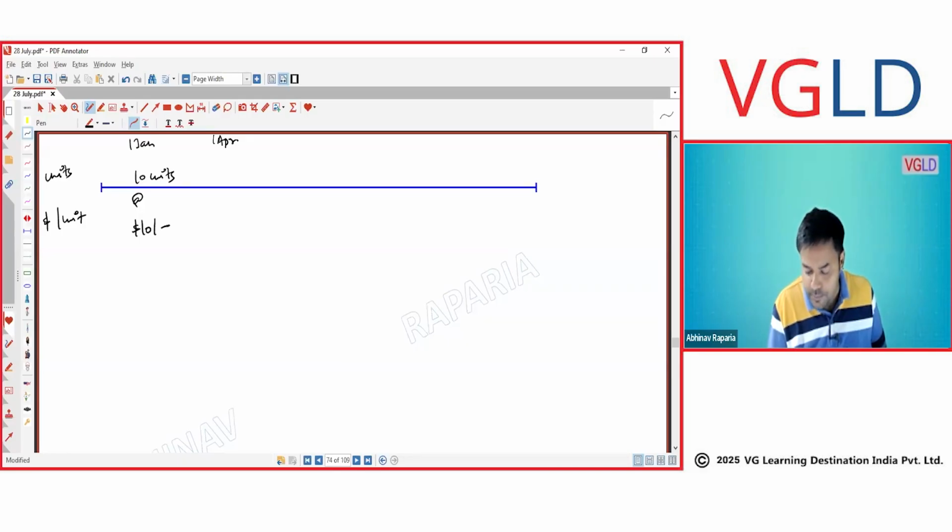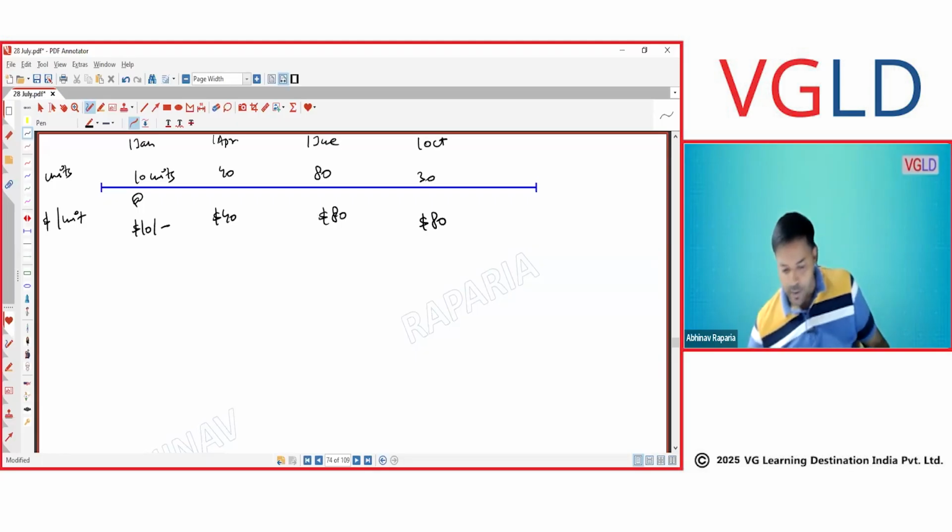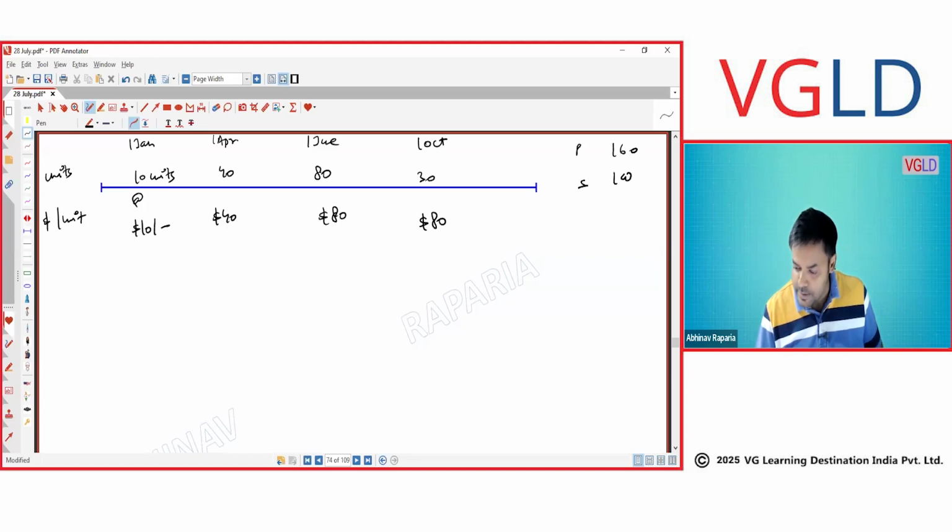On 1st of June, you purchase 80 units at $80 per unit. On 1st of October, you purchase 30 units at $80 per unit. So how much have you purchased? 10 plus 40 is 50, 130, 160. Total purchased is 160. Let's say you have sold 100. So the closing stock is going to be 60.